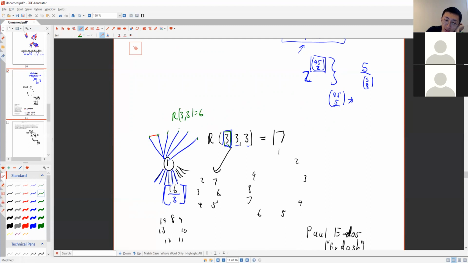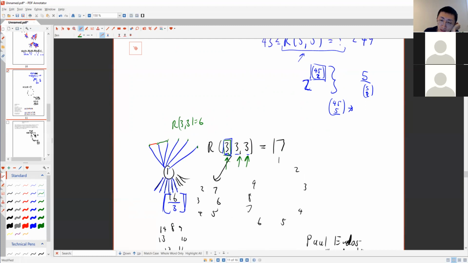So if you have 6 vertices, by the first thing we did, you're guaranteed to have a red triangle or a green triangle. So that means 17 is enough to guarantee that you have one of these, a monochromatic K3.